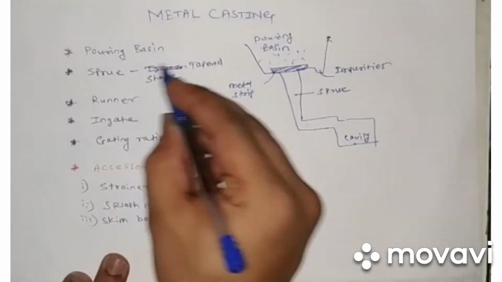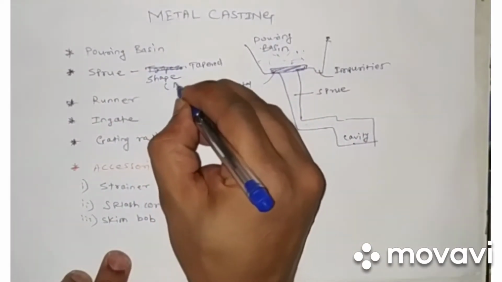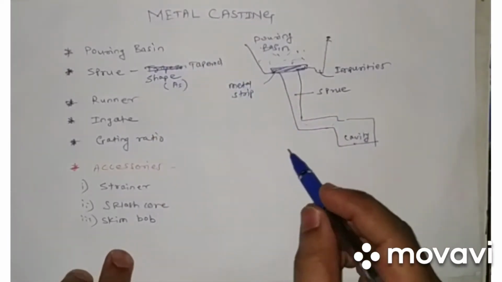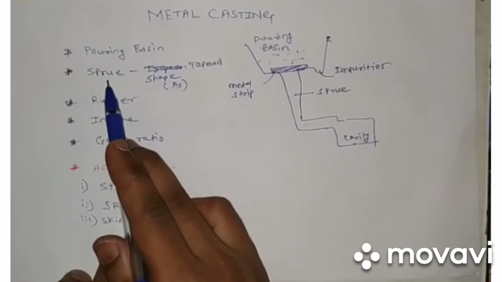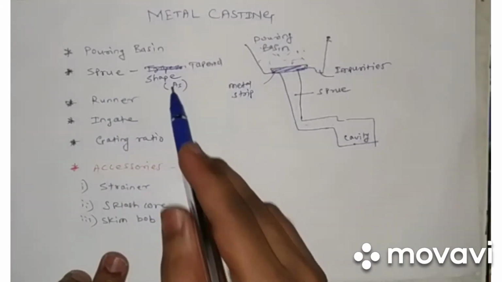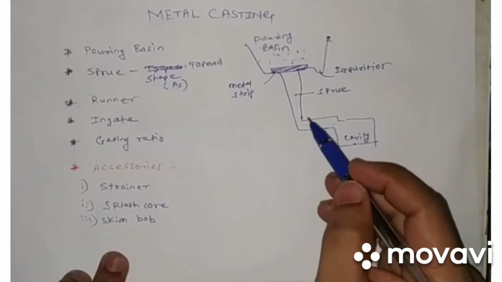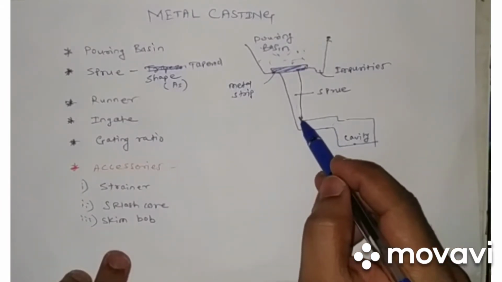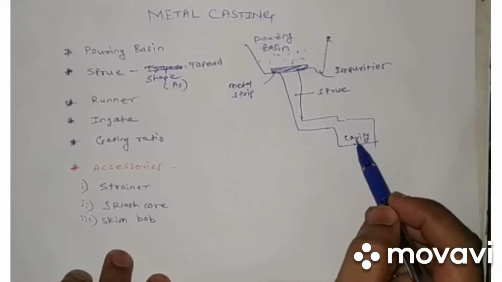And let's consider the area of the sprue. Let's consider it as AS, the cross sectional area of the sprue, which is the minimum area of the sprue. Now the runner is taking this molten metal from the sprue to the cavity.